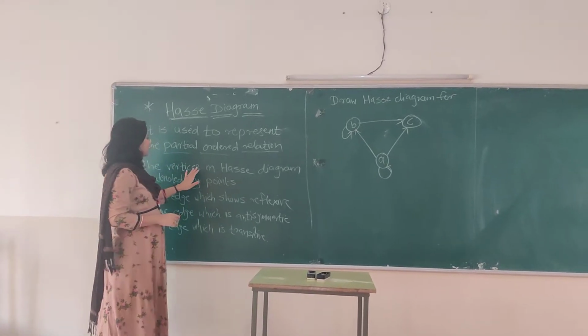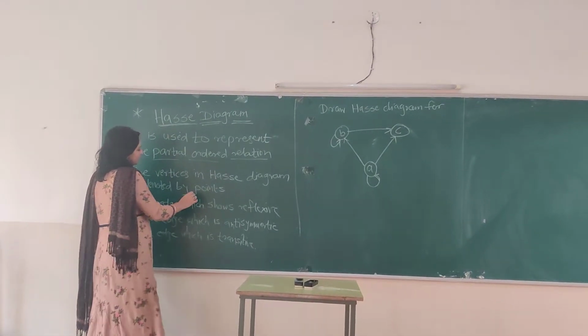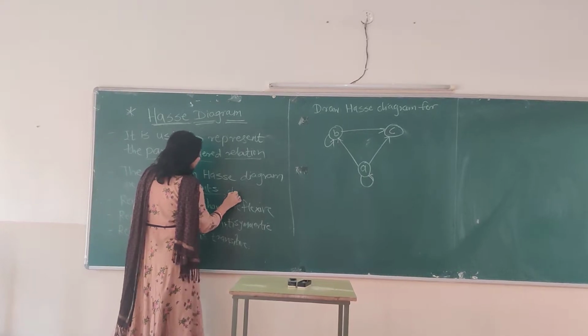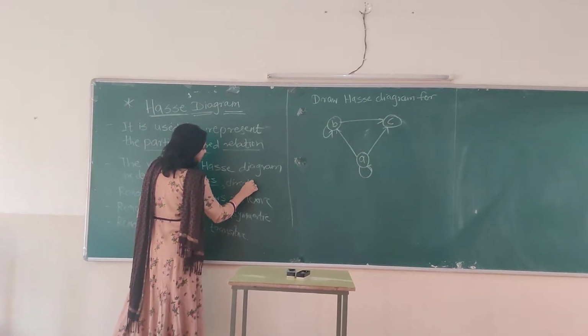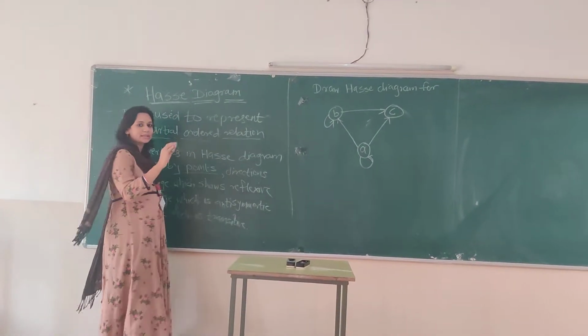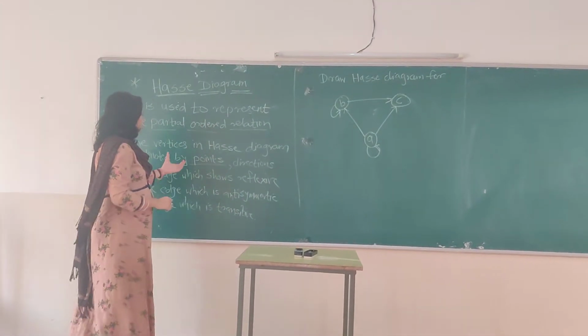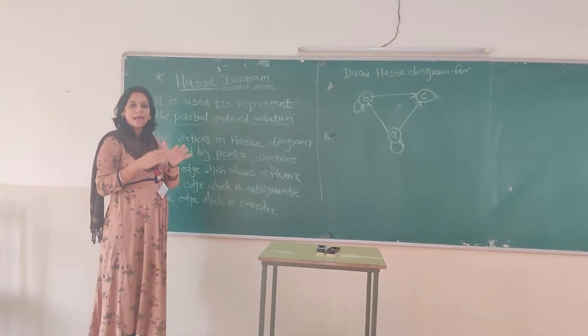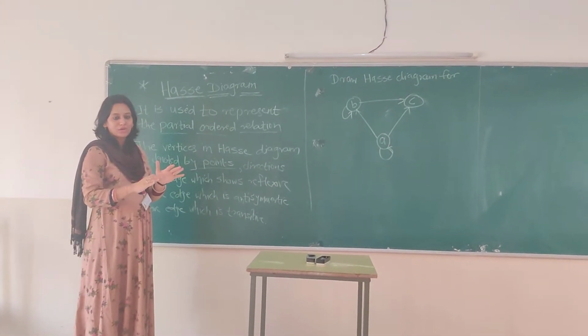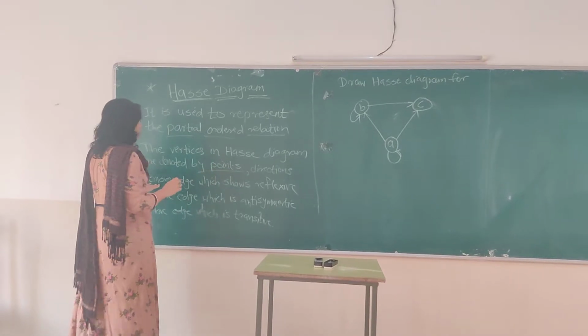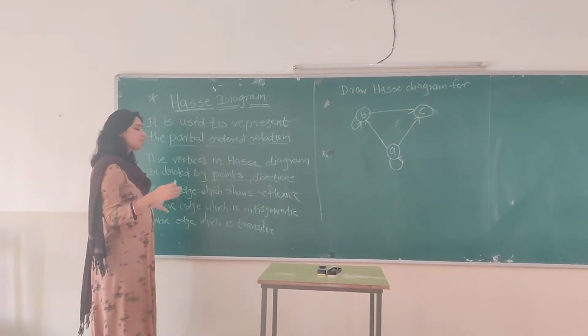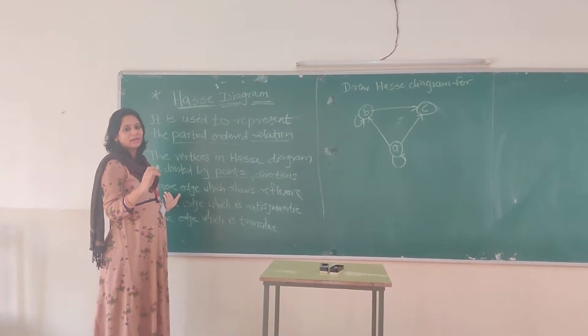First, know that the vertices in the Hasse diagram are denoted by points as well as by the directions. Direction means the edges are always having a particular direction. Now when we are trying to find out the Hasse diagram from the partial order relation, which are the properties that are satisfied?